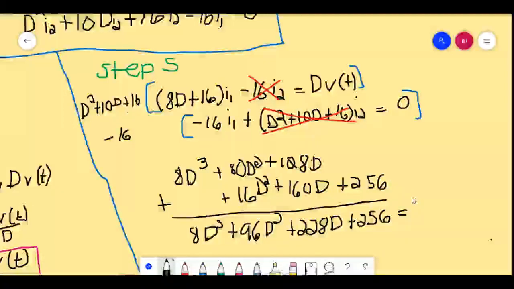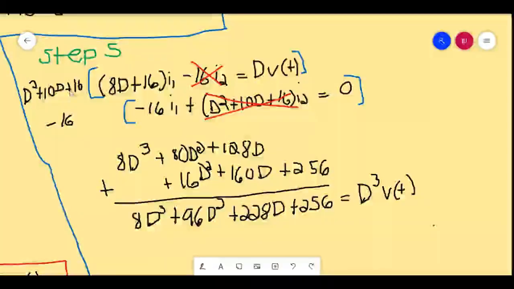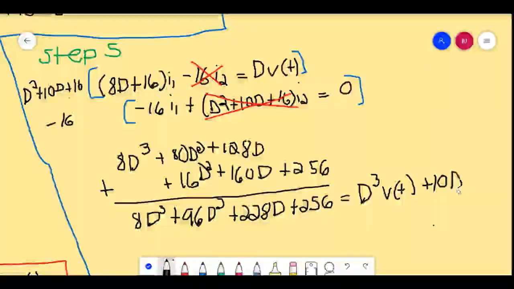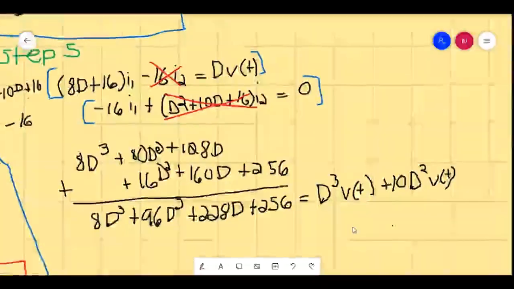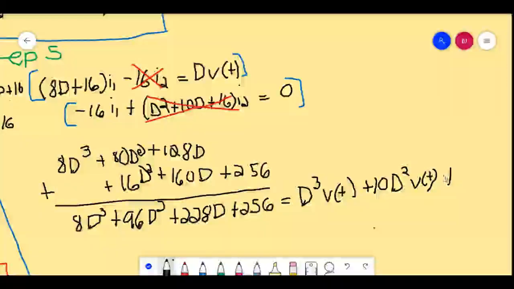Still have to multiply this with this though. So this would be d cubed v of t. Again, I am multiplying dvt with d squared, then dvt times 10d. That would be 10 d squared v of t, and 16 dvt.